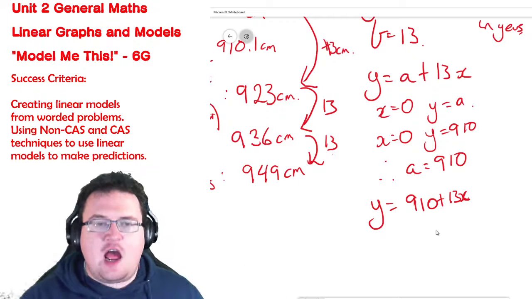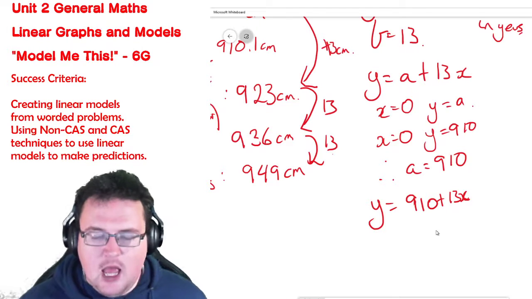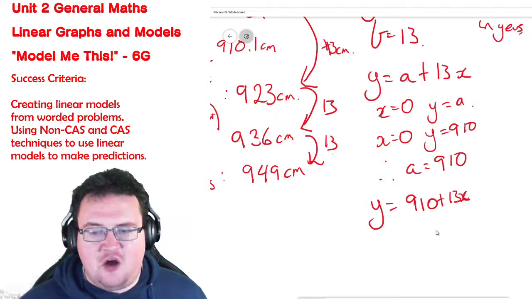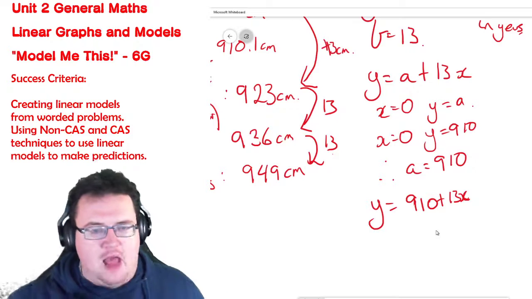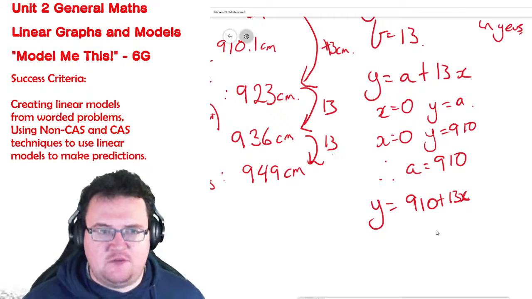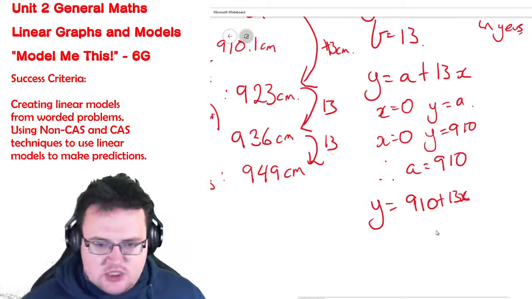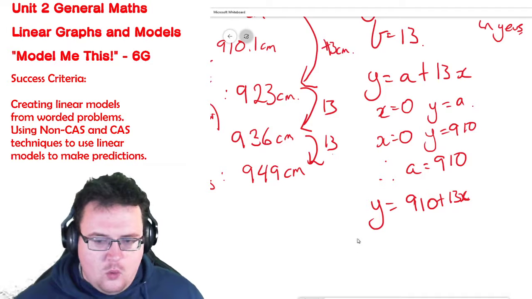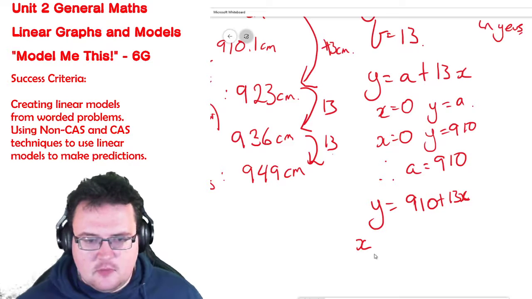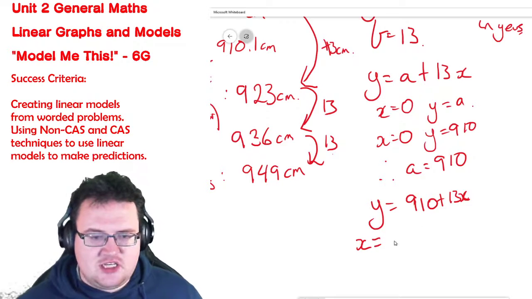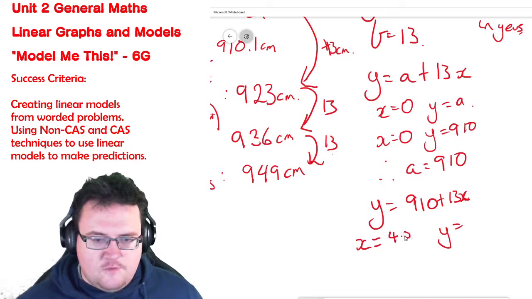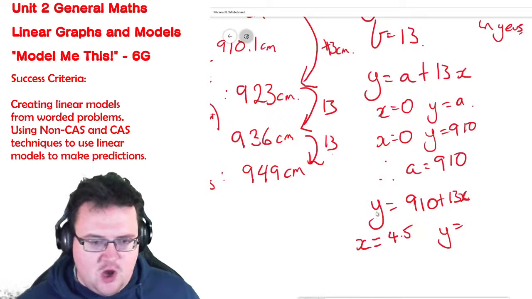From that, I have now created a linear model, and I can use this model to help me predict how big the tree is going to be after a certain number of years. So, on your calculators, I want you to tell me when x equals 4.5, what is y?